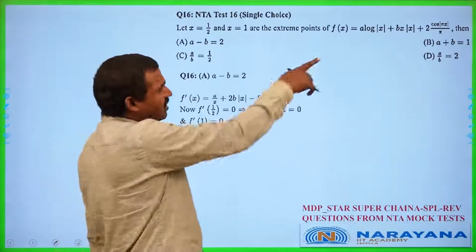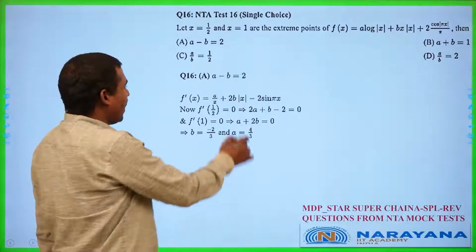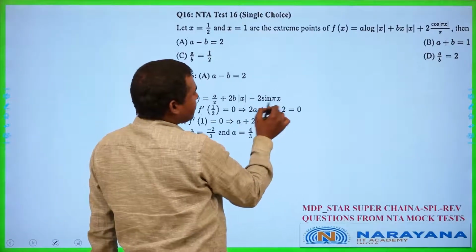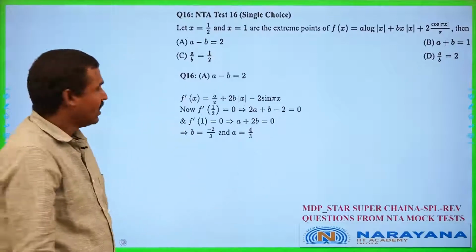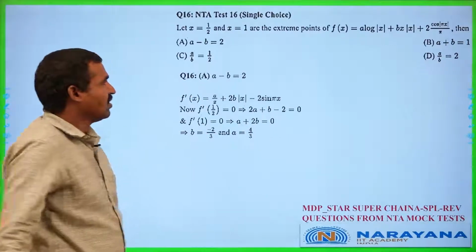So, the derivative of cos is minus sine. So, minus 2 sin pi x by pi into pi, pi pi cancel. So, minus 2 sin pi x. This is f dash x.